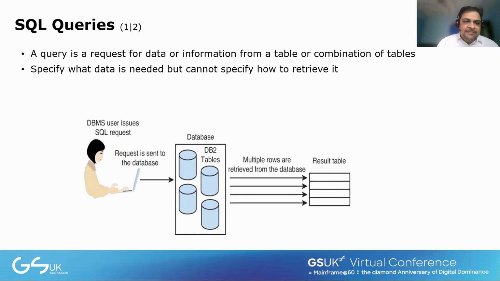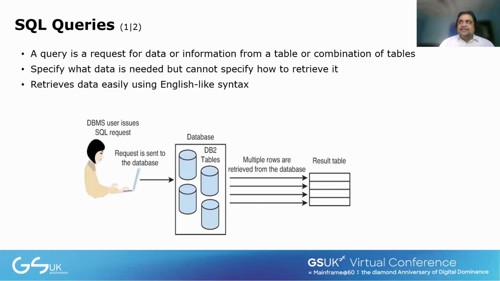You can tell the database what data you need, but you cannot tell it how to get that data. So you do not have control over how to get that data back to you. That is very important to know. It gets you data very easily, and you can write SQL in a very English-like syntax, which makes it very useful and interesting.